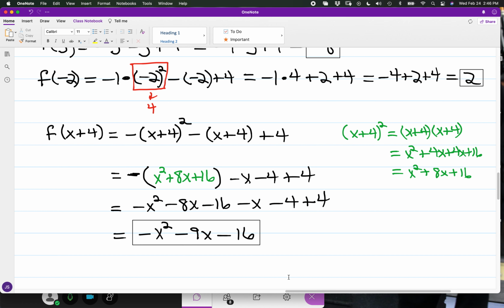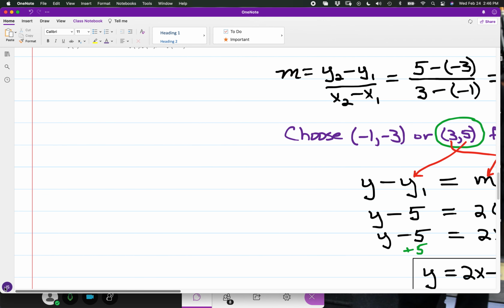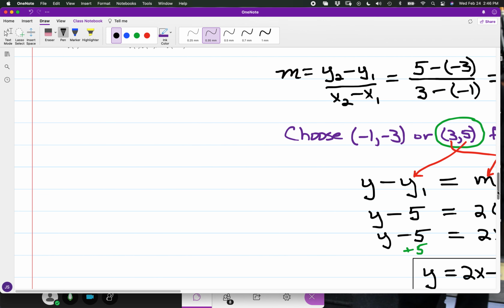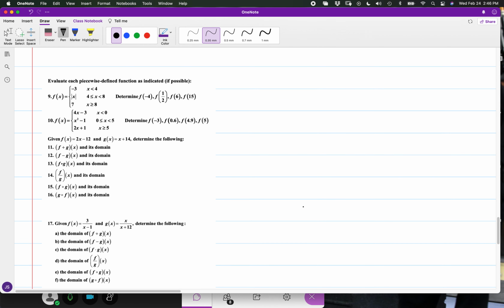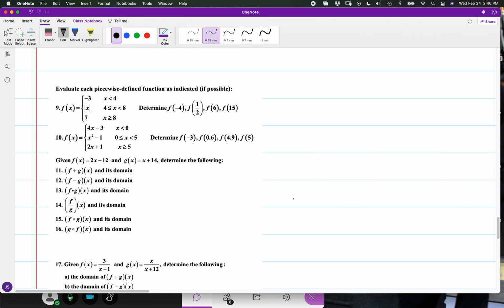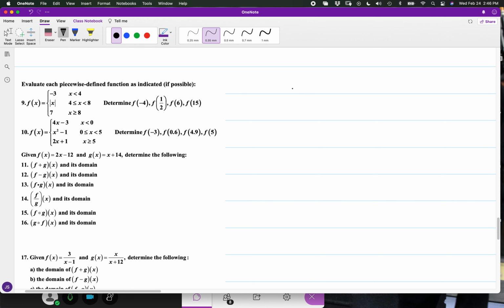Okay. Now, just taking what we have now and crossing over to piecewise defined functions. Now we have number 9. Okay, so you have a piecewise defined function, breaking up into separate categories.